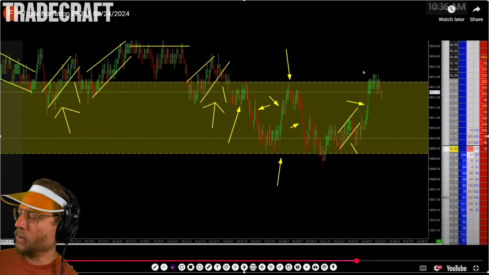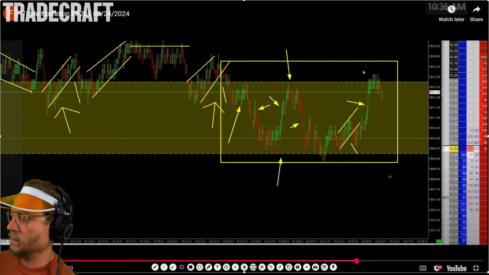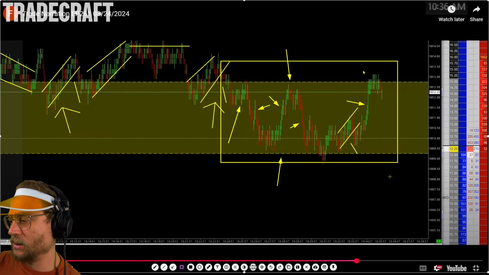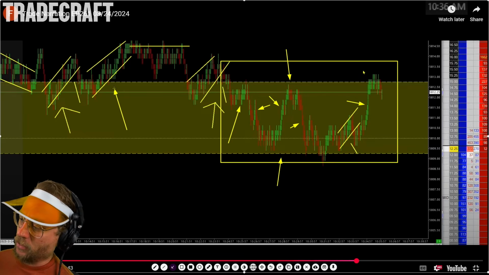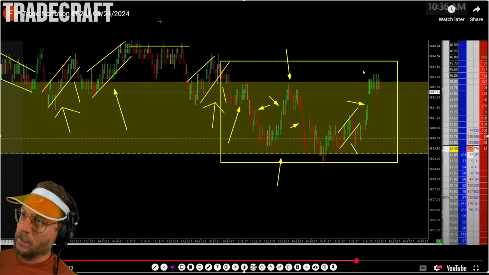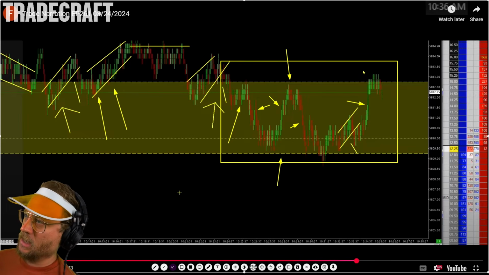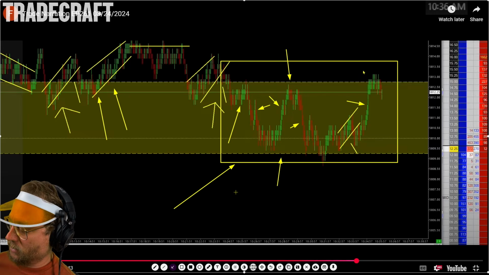What's going on in this specific area, right where I'm drawing this box, is the price action has shifted. The pattern has shifted from us going up, then struggle grinding, and then ripping up. And again, the pattern shifted back here as we saw in earlier trades. And now it is reshifting into a slip range, as you can see here.